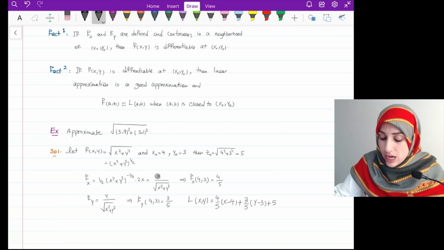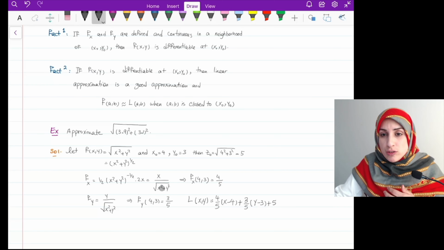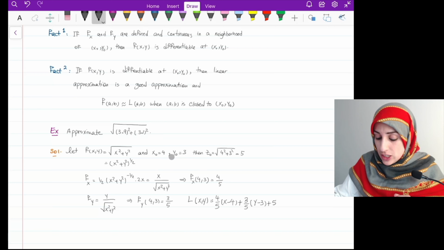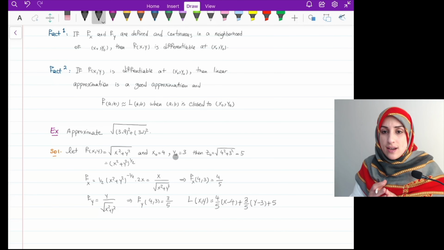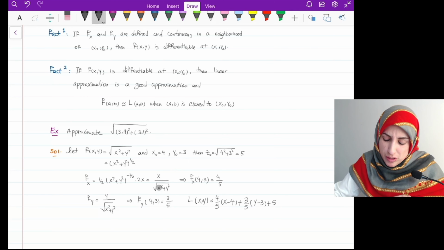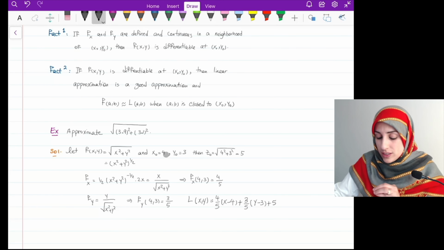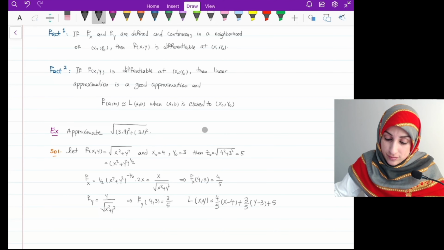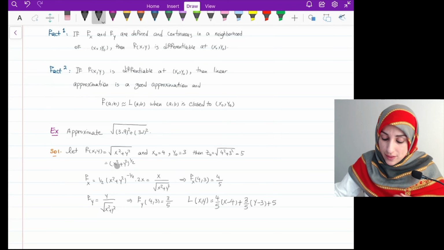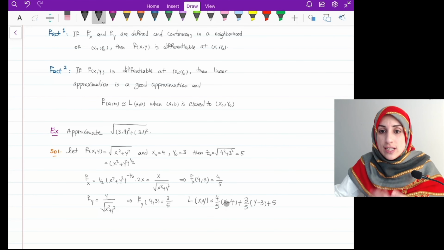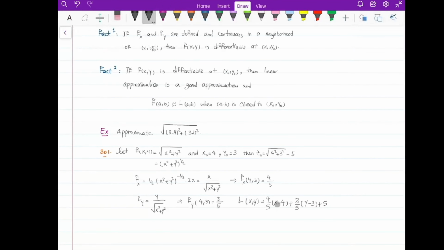It's just because this is a polynomial, this is a square root, both of them are defined, and they are continuous in a neighborhood of 4, 3. Okay, we have a problem at 0, 0, but it's not very close to the point 4 and 3. And so the function is differentiable. Since the function is differentiable, then the linear approximation is a good approximation. That's why I can use linear approximation right now.